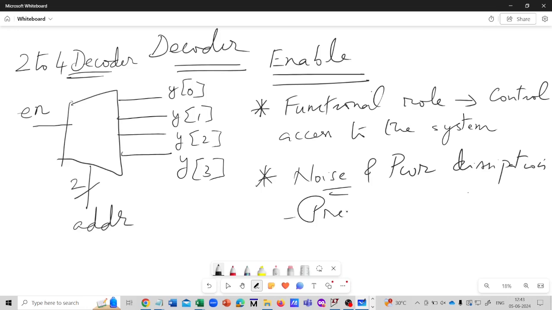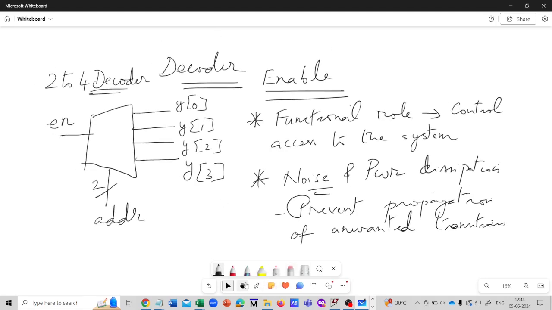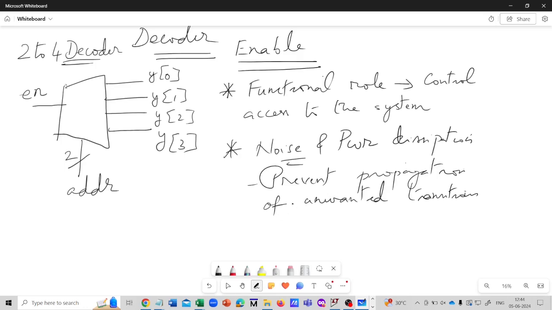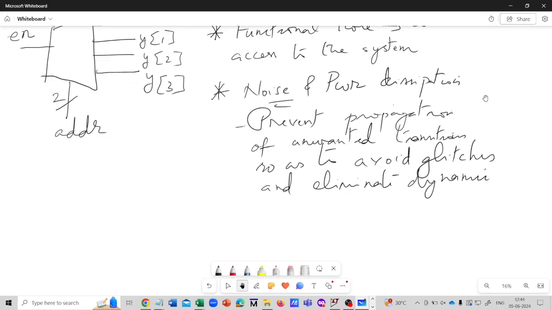So the enable will prevent propagation of unwanted or spurious transitions, so as to avoid glitches and eliminate dynamic power dissipation due to the glitches.